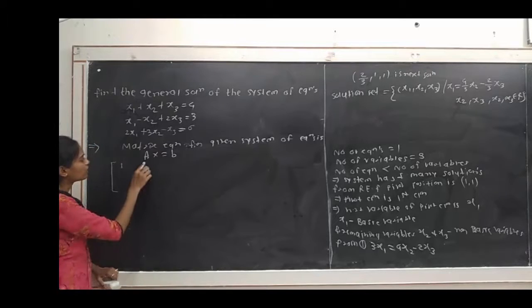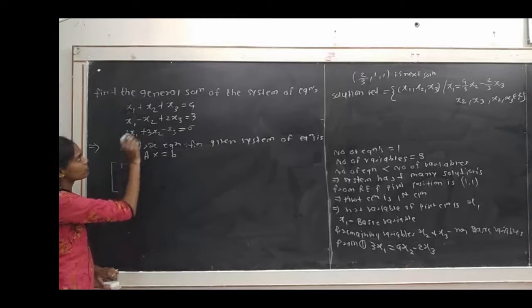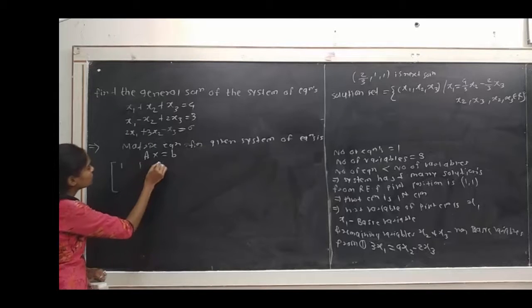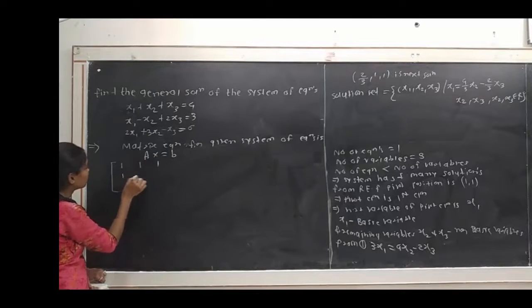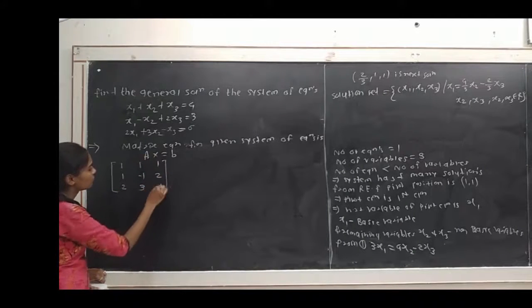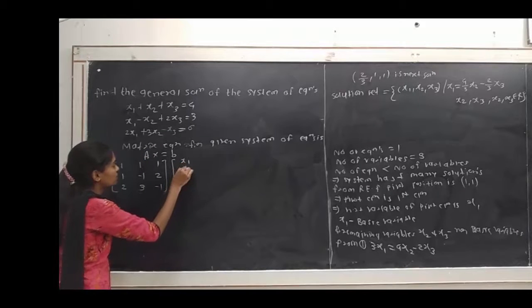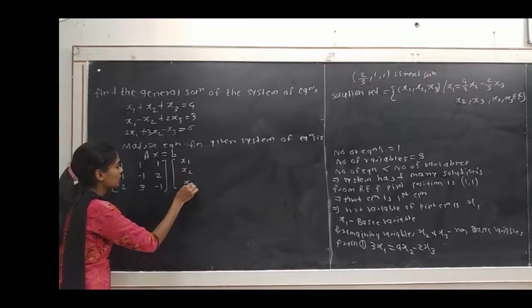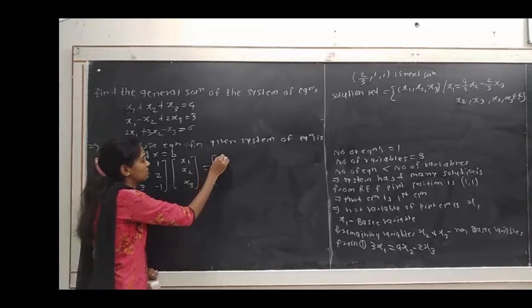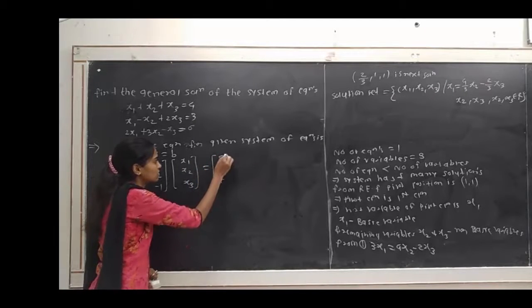So the first row will be 1, 1, 1, then the next row 1, -1, 2, then the third row 2, 3, -1. The variables are 3: x1, x2 and x3, and the B column matrix contains 4, 3, 6.